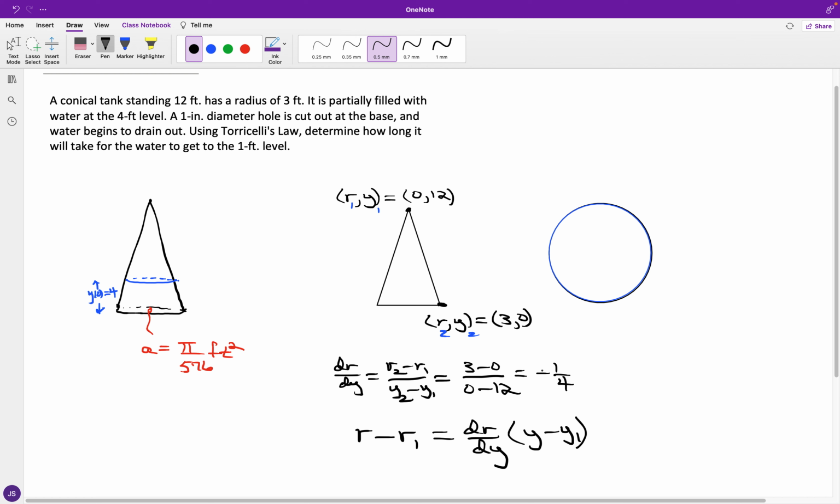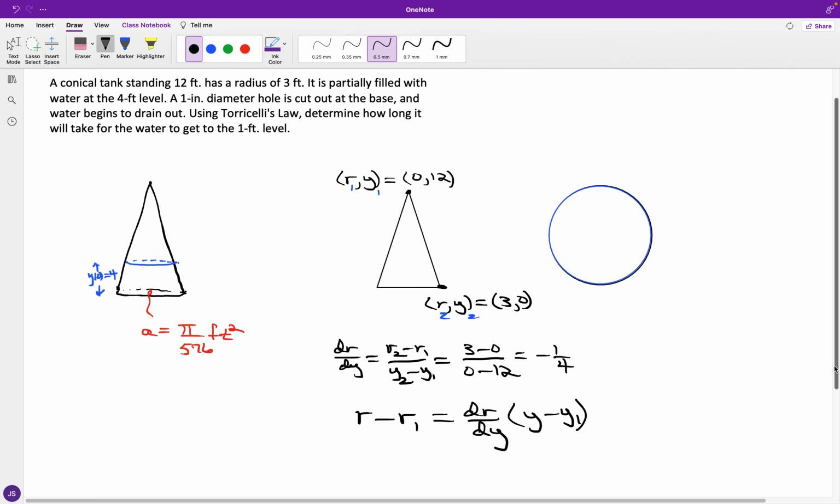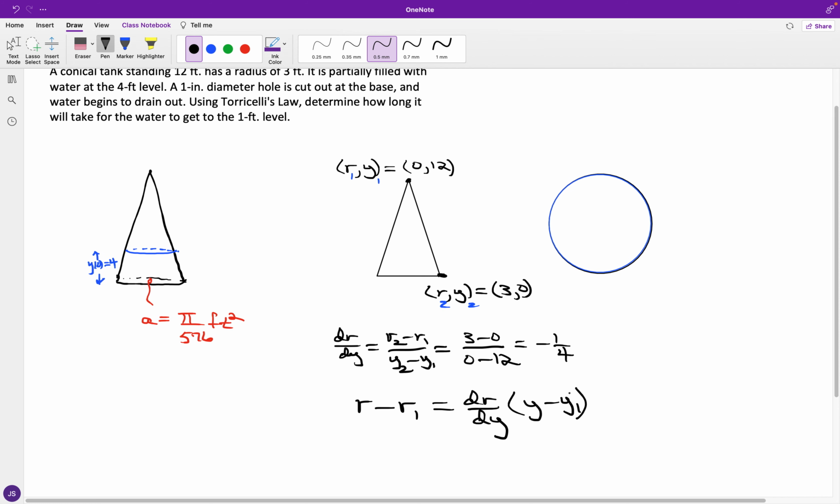You can choose to go with 0, 12 or 3, 0, either way, and we'll just go with 0, 12. But if you chose 3, 0, you'll have the same equation for the radius.